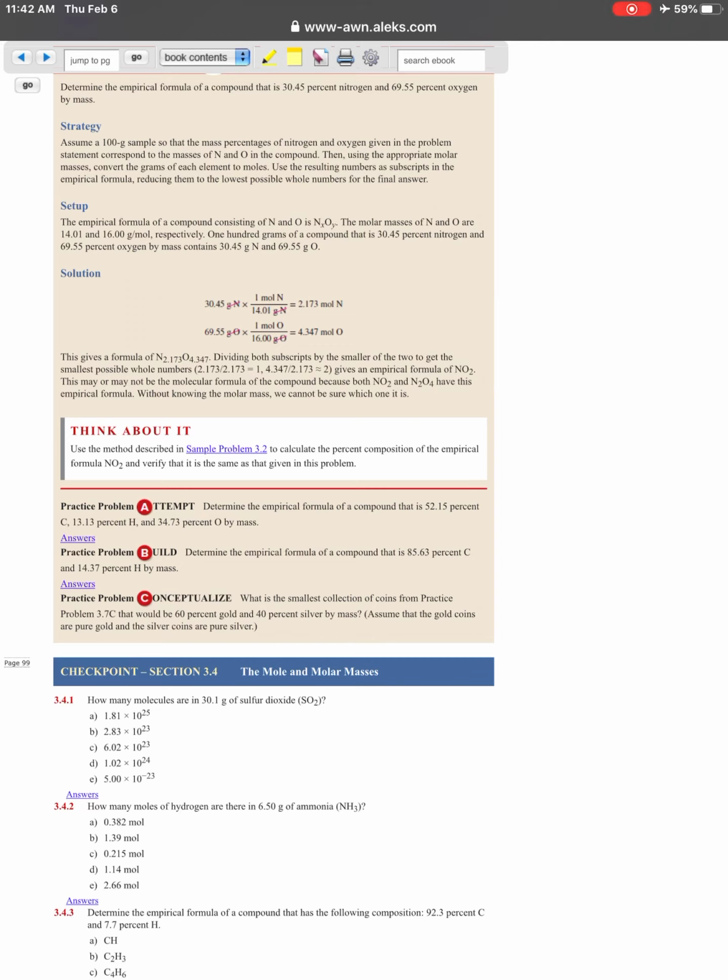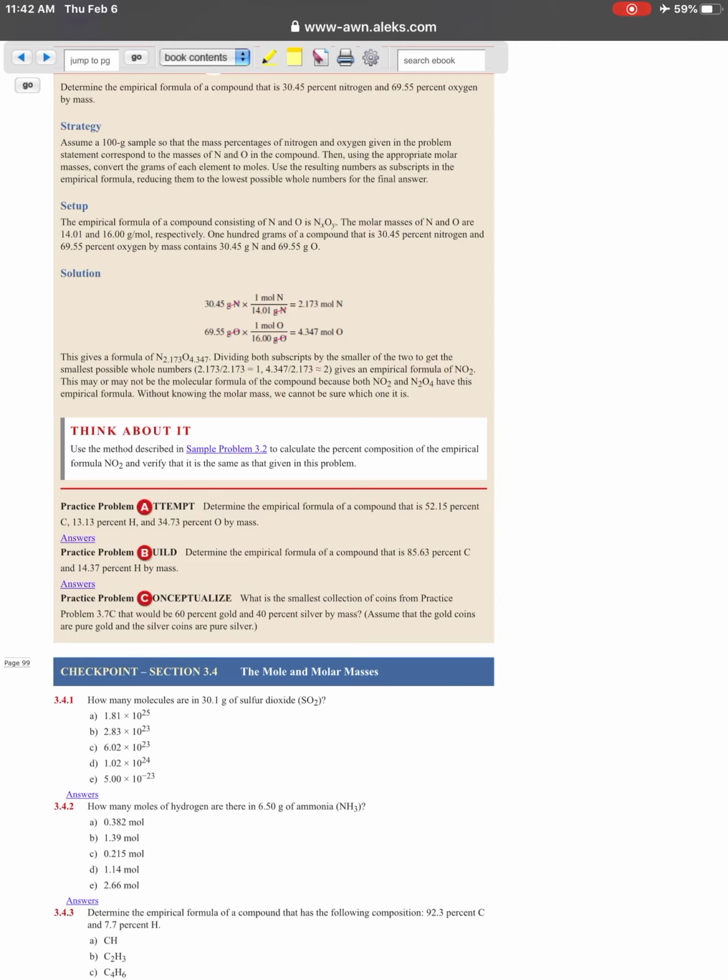Now, how do you make sure? You divide each of those numbers by the smaller of the two. So the smaller of the two is 2.173. If you divide each of them by 2.173, you get 1 for the nitrogen, and you get something really, really close to 2 for the oxygen. And that gives you the ratio. 1 nitrogen for every 2 oxygens.